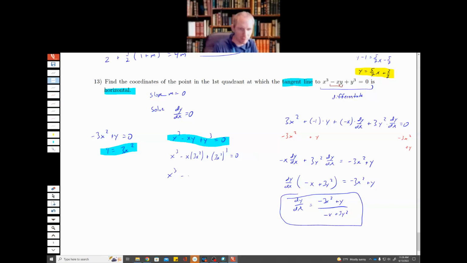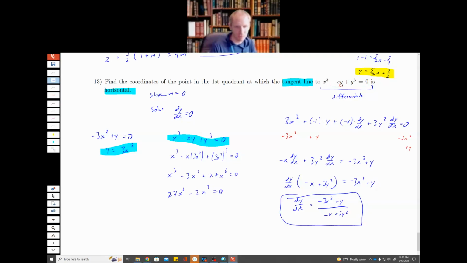So I have x cubed minus 3x cubed plus, when I cube this out, 3 cubed is 27. X squared cubed, when you take a power to a power, you multiply the powers. Okay, so I have 27x to the 6th minus 2x cubed equals 0.